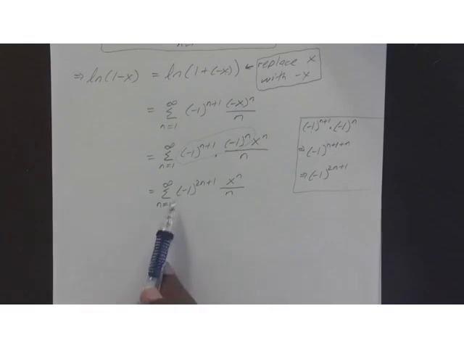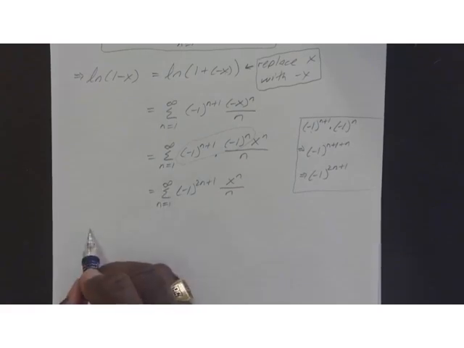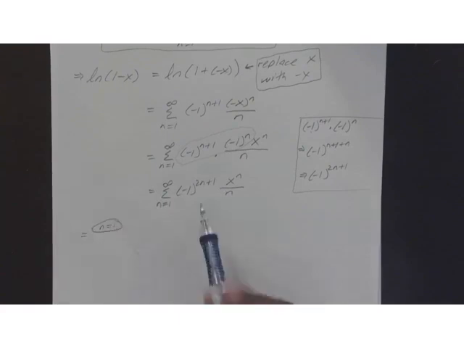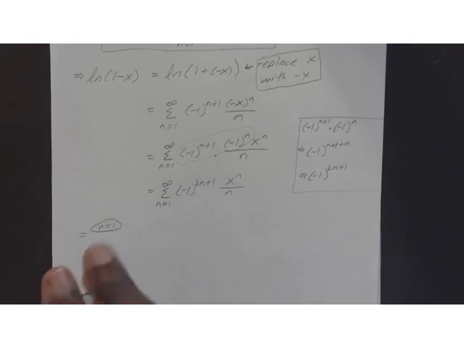So now all we have to do is plug in values from 1 to 4. So when n is equal to 1, we have negative 1 to the power of 2 times 1, which is 2, plus 1 is 3. So negative 1 to an odd exponent is going to come out to be negative.